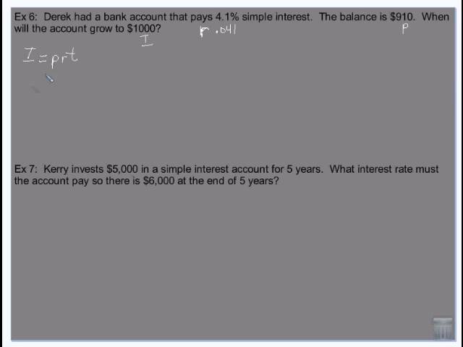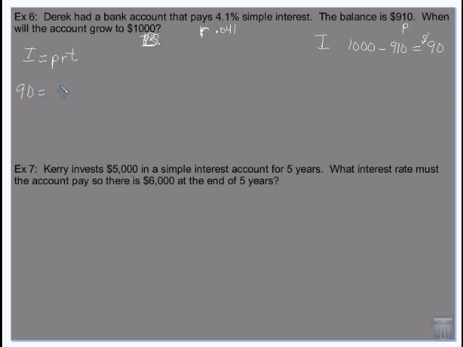Oh, but wait a minute, we don't have I. This is balance. So I is 1,000 minus 910. Right? Because we want to know how long before his balance reaches $1,000. So the interest is the difference between the current balance and the new balance. Does that make sense? So it's $90.